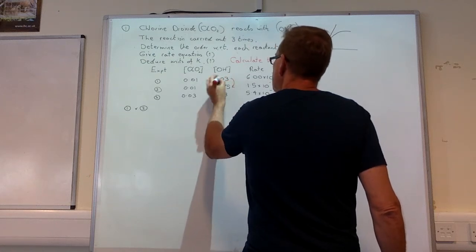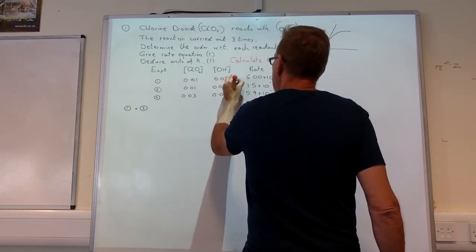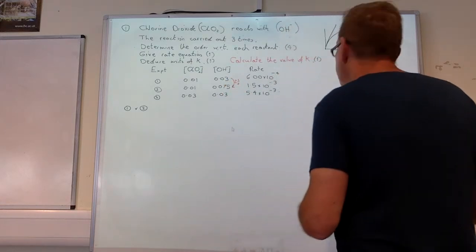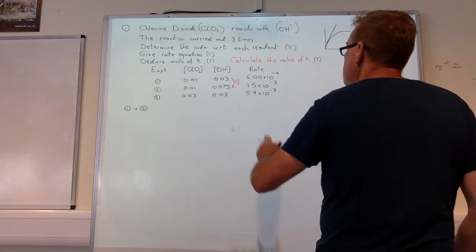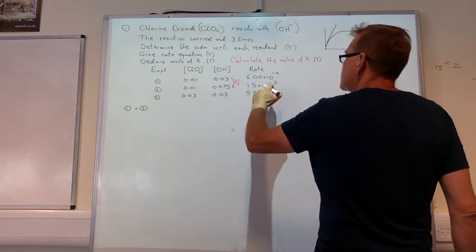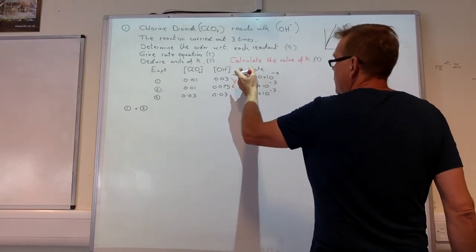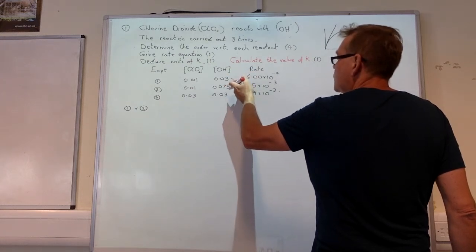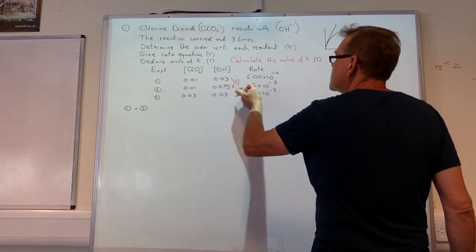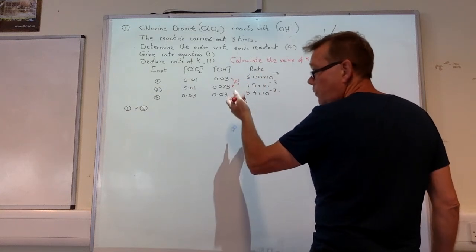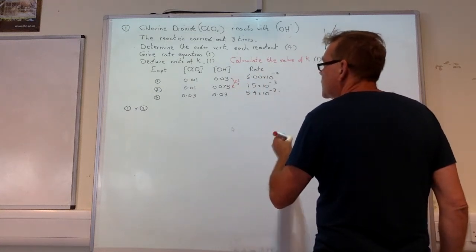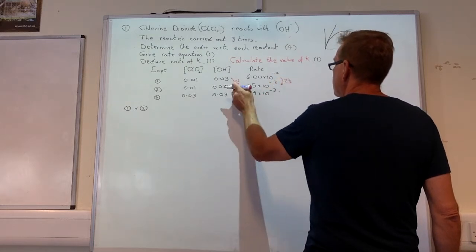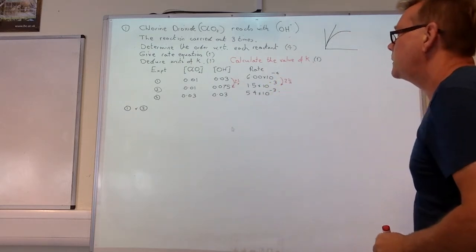The hydroxide concentration has gone up 2.5 times. And 6 times 10 to the minus 4, times it by 2, 12 times 10 to the minus 4, times it by 2.5, 15 times 10 to the minus 4, which is 1.5 times 10 to the minus 3. In other words, the rate has gone up 2.5 times. So you can get halves in there.